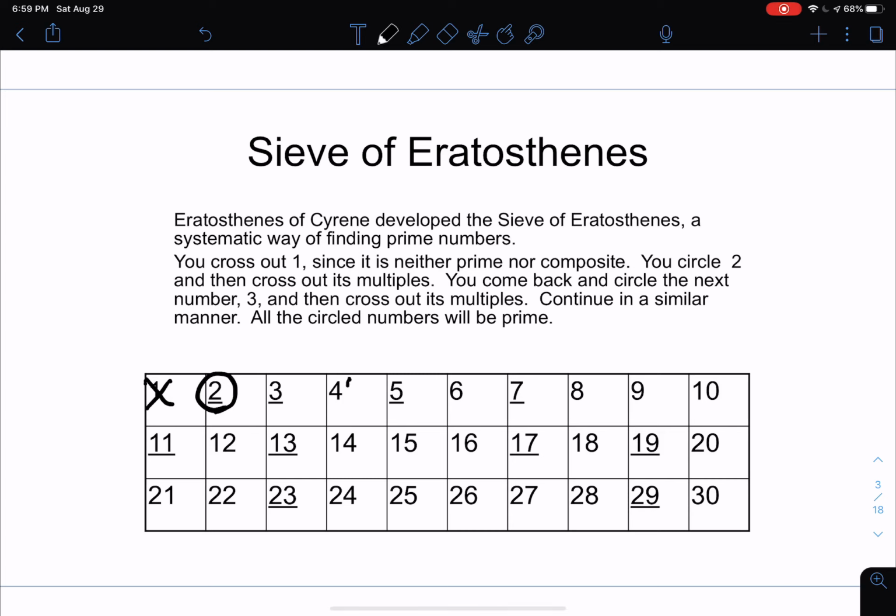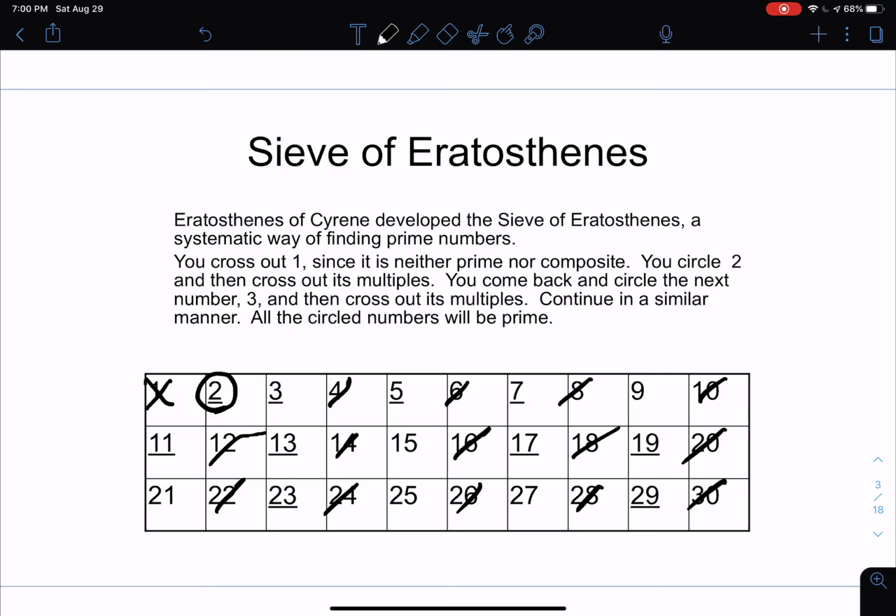So these are all composites. All these multiples of 2 have factors that include 2. So that, by the definition of prime, makes them not prime, makes them composite. So 4, 6, 8, 10, 12, 14, 16, 18, 20, 22, 24, 26, 28, 30. Those all go over to the composite list.